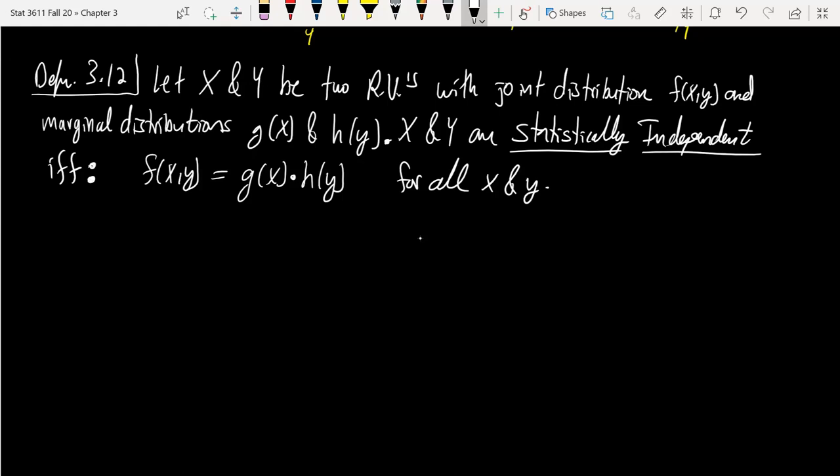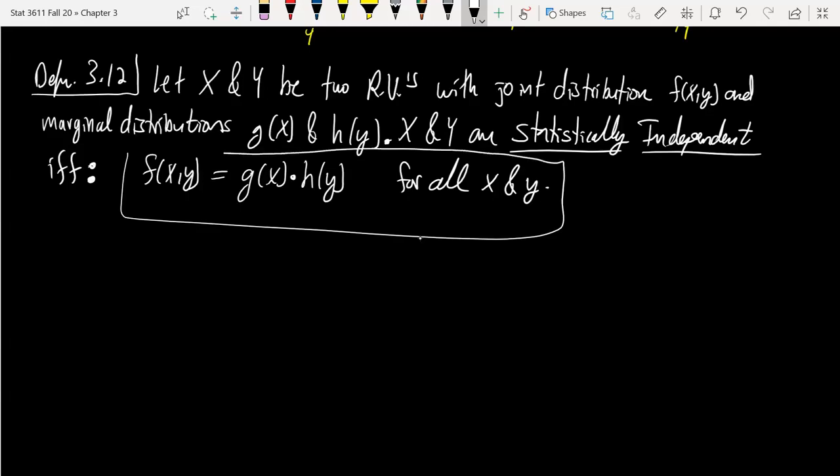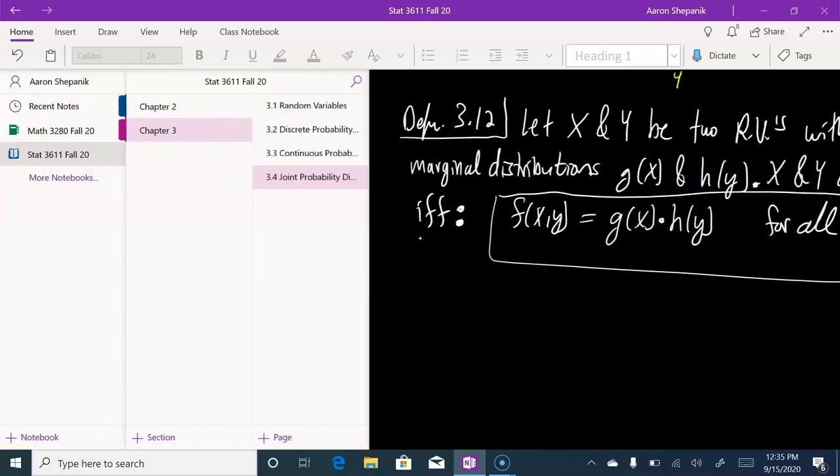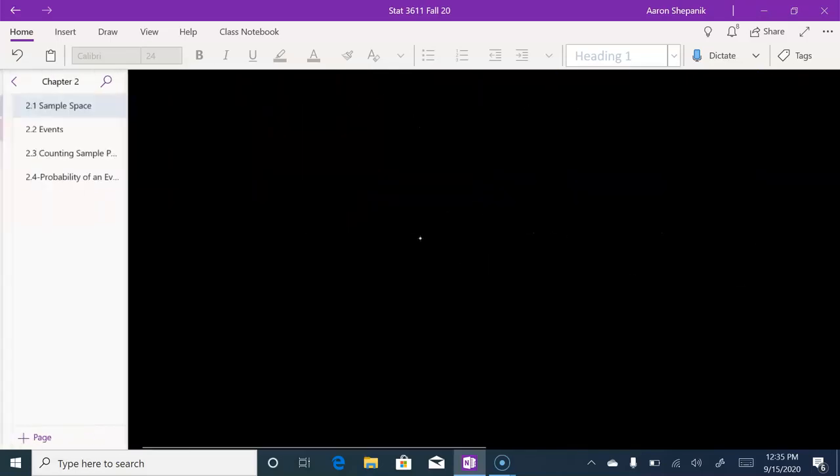Okay? And I want us to just look at this and think about the parallel that this is with what we had for independence of just events. Let me go back in our notes, Chapter 2.